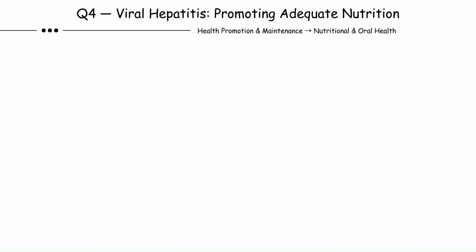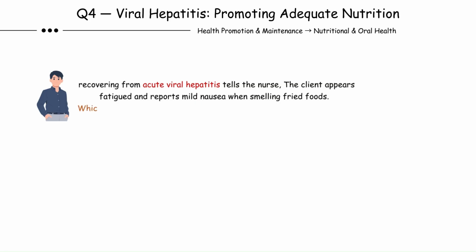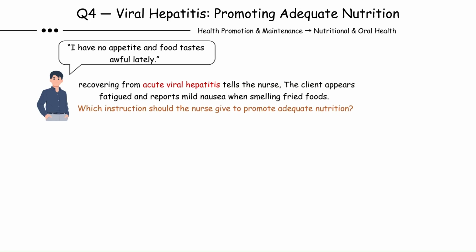Question 4. Viral hepatitis, promoting adequate nutrition. MCQ type. A 38-year-old client is recovering from acute viral hepatitis. They tell the nurse, "I have no appetite and food tastes awful lately." The client appears fatigued and feels nauseated when smelling fried food. Which instruction should the nurse give to promote adequate nutrition?